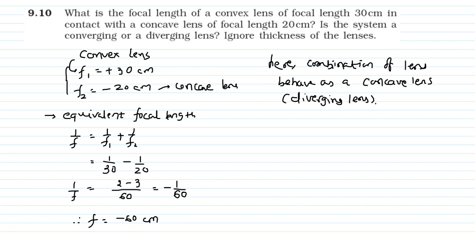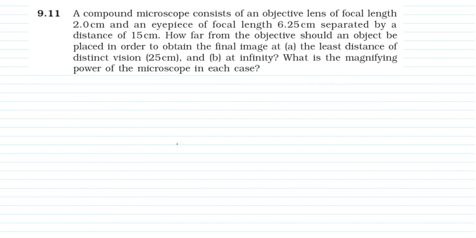It is a diverging lens, right. Next sum, a compound microscope consists of an objective lens of focal length 2 centimeter. So here focal length of objective is 2 centimeter and eyepiece of focal length 6.25 centimeter, separated by a distance of 15 centimeter. ये दोनों का separation है, that is the 15 centimeter, between the eyepiece and objective.